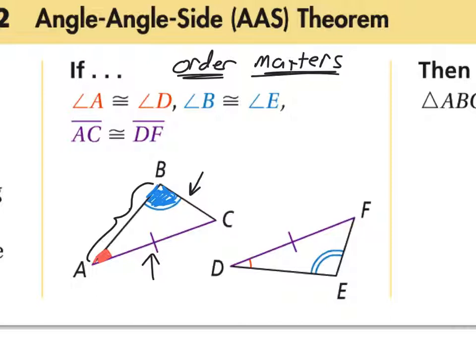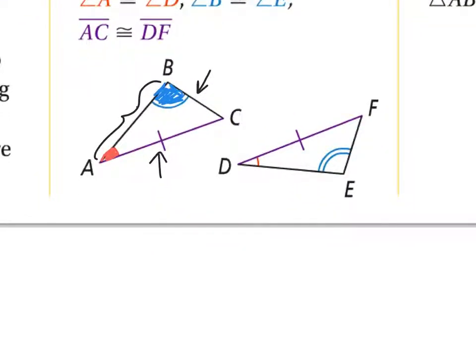That then means that we have two different options for the side that's not between them: BC and AC. Those are sides that are not between our two angles. It is a different situation if you come in here and say that you have the two angles and side AC congruent to side EF.